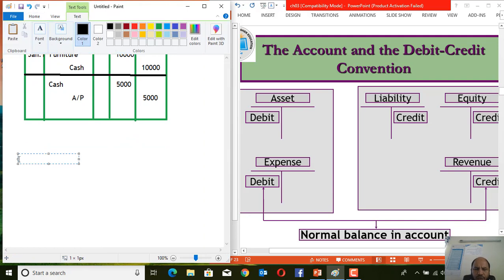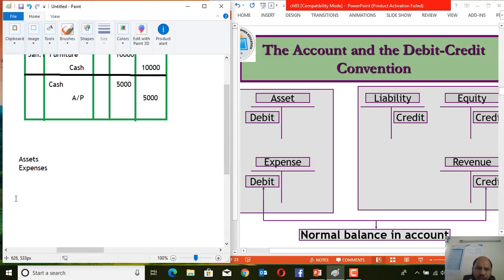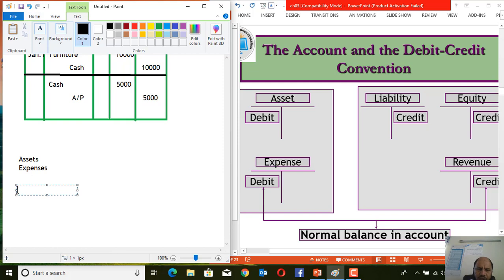Dear students, we have the five major accounts. The first one is called asset, the second is expenses, and we also have the revenue account, the liabilities account, and the owner's equity account.